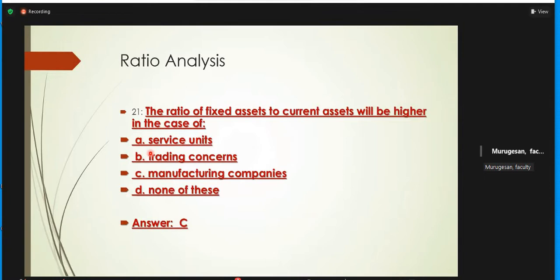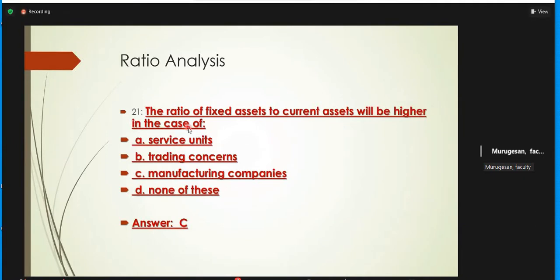Okay, now question number 21: the ratio of fixed assets to current assets will be higher in the case of service units, trading units, manufacturing companies, or none of these. The answer is manufacturing companies, because they have more investment in plant and machinery, land and building, furniture and fitting. Service units and trading units may not have that much investment in plant and machinery.